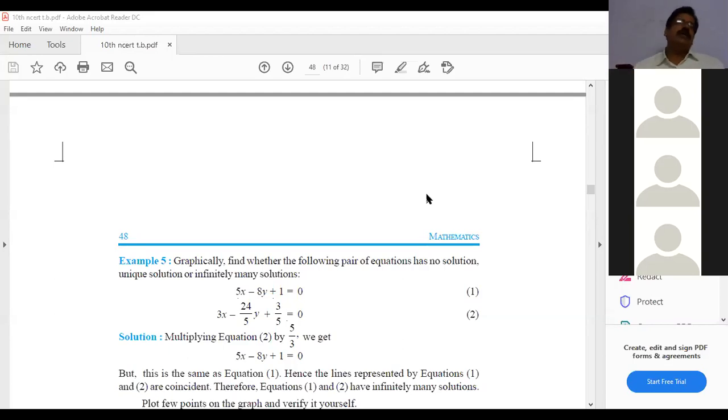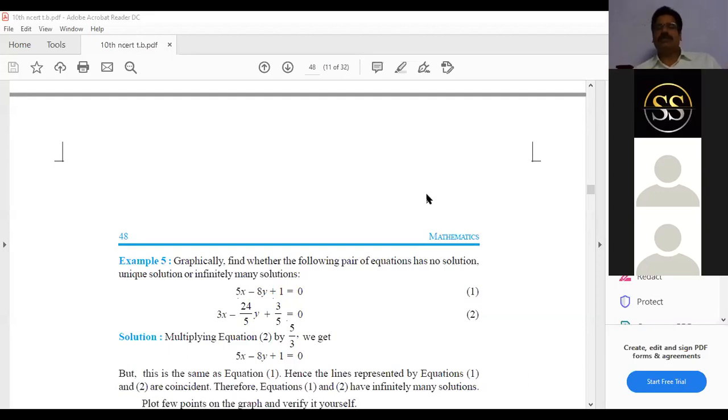Next, the substitution method. What is the process for the substitution method? If anyone asks, you have to say the answer. Santosh, yes. Step 1: you take the simple equation. Good.